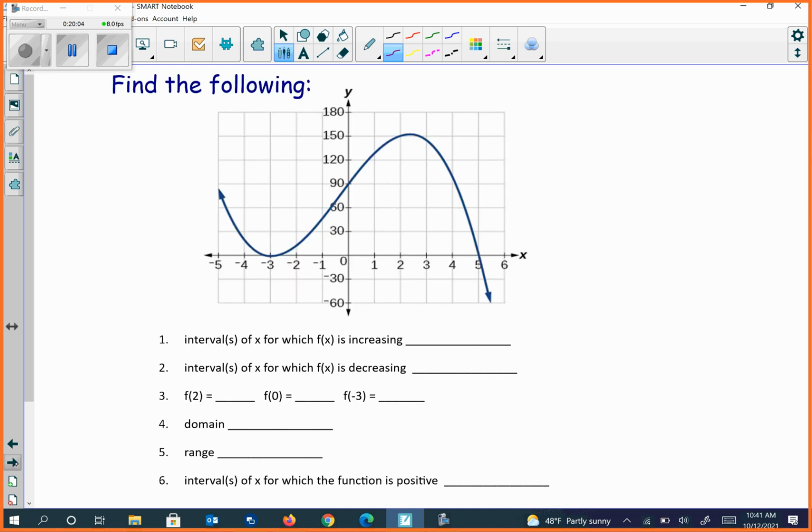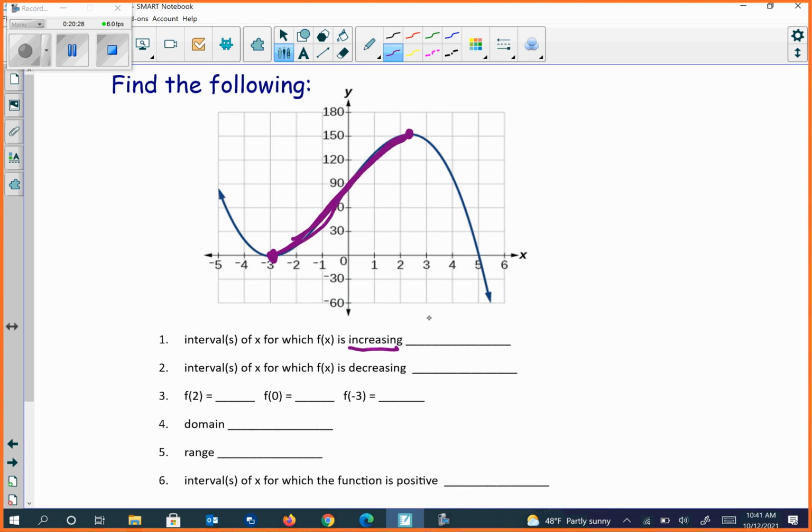All right, so the difference on this graph is it's not jagged, it's not corners. Agree? So we have to remember that. So the intervals for where it is increasing. So it's increasing from here to here. Right there is increasing.